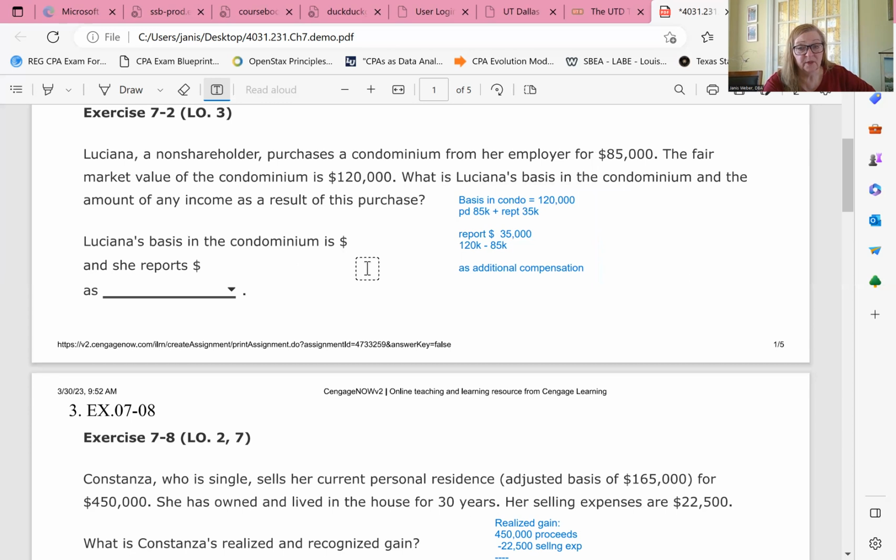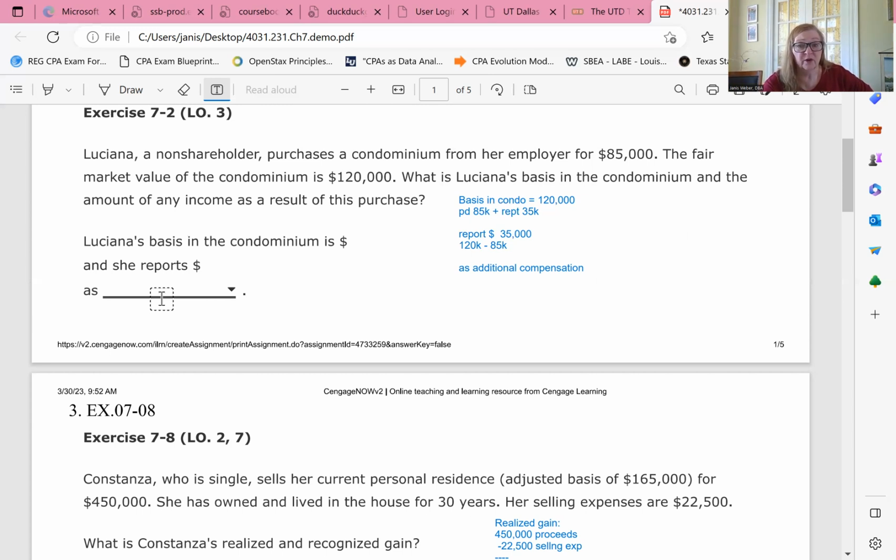We're going to say $120,000. Then they're asking how much she's going to report as the discount, the bargain price that they discounted for her. So $35,000, the difference between the fair market value and the price she paid. So the basis in the condo is $120,000, and she reports $35,000 as additional compensation.